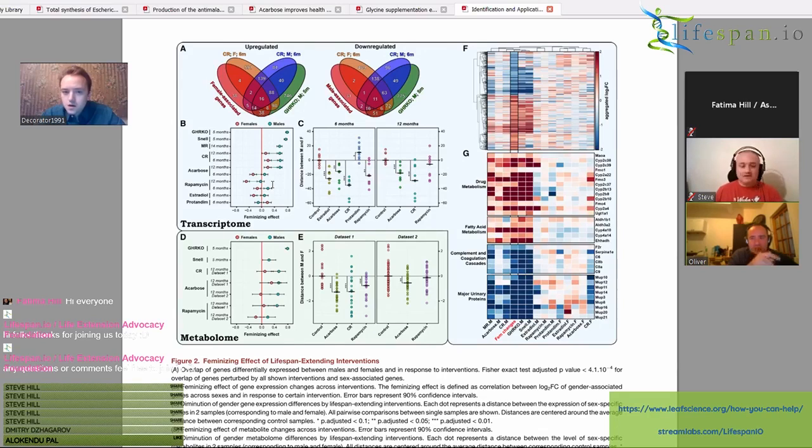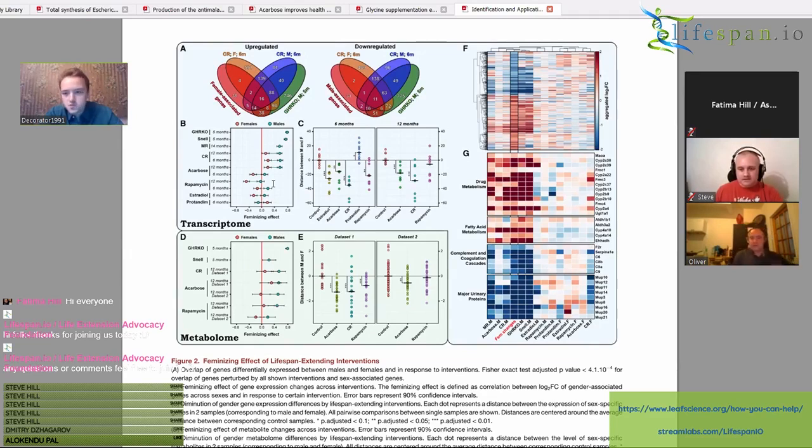So when you said you have a consistent statement, I guess, just to clarify, is that just an average where the sex effects are normalized, or does it depend on the intervention?